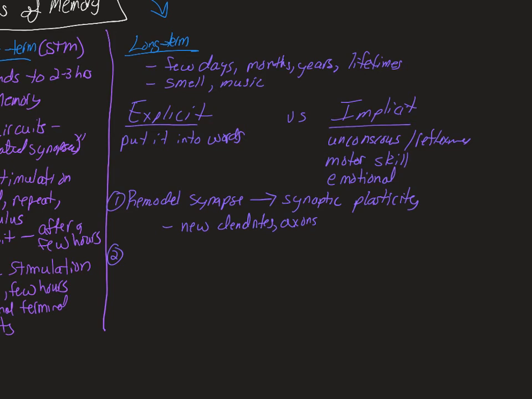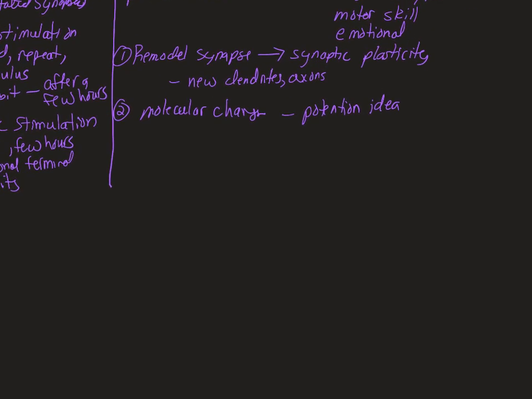So this is one thing that's involved with forming these long-term memories. Another thing that's involved is molecular changes, okay? And this has more to do with the potentiation idea, where you are increasing or improving the ability for neurons to communicate, okay?